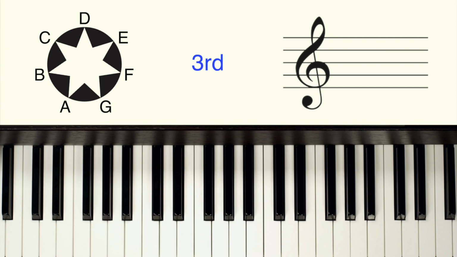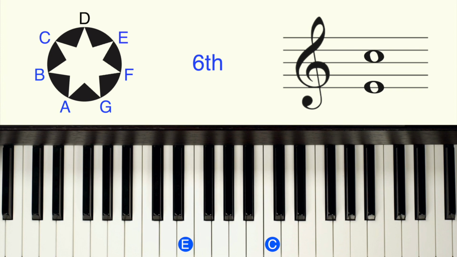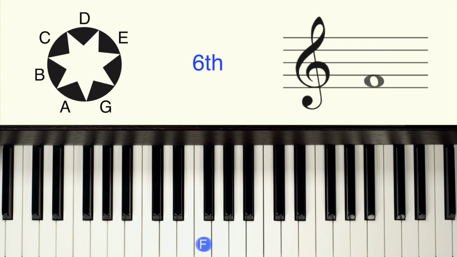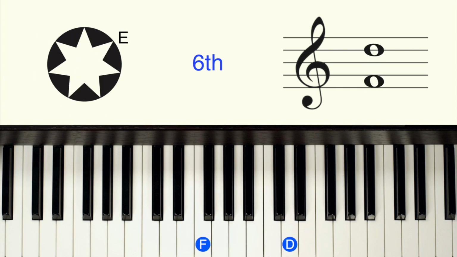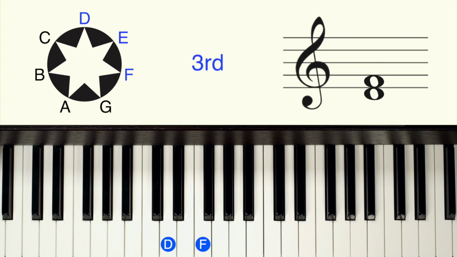Now let's try thirds. C up to E is a third, but if we go C down to E, now we have a sixth. Let's start on a sixth. F up to D is a sixth, but if we invert it and go F down to D, it's now a third. So here's another pair of related intervals. Thirds and sixths invert into each other. How about fourths?